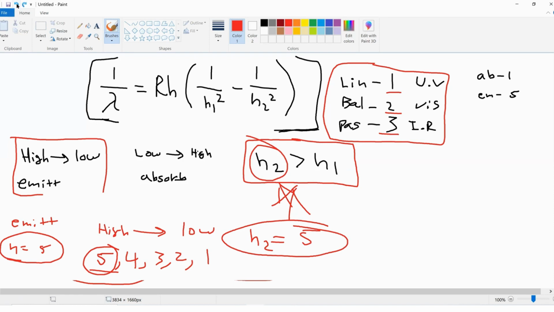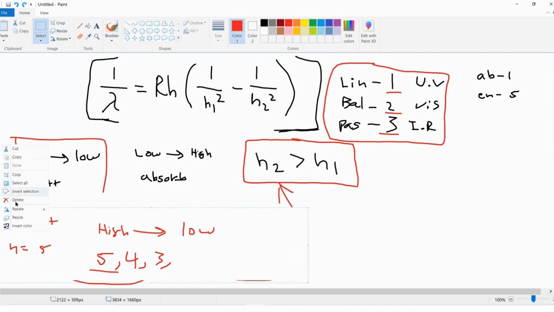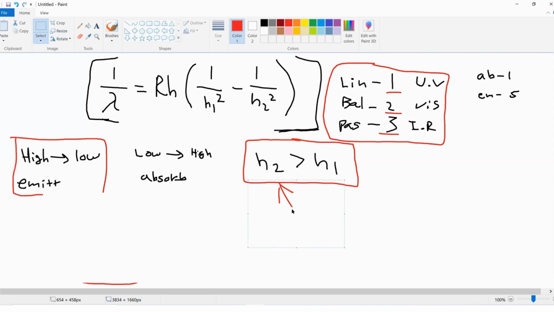I don't know if this makes sense now, but I just wanted to show you because there's a lot of confusing formulas out there, and some people get messed up.